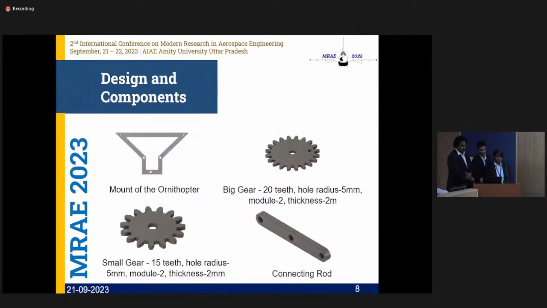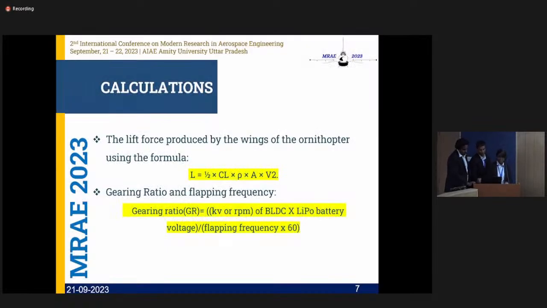Now I would like to talk about the calculations we have done to make our UAV. The lift produced is L equals half C_L rho A V squared.